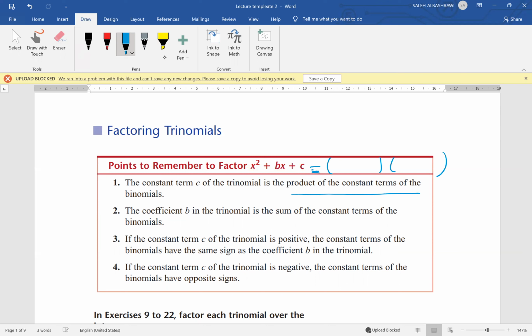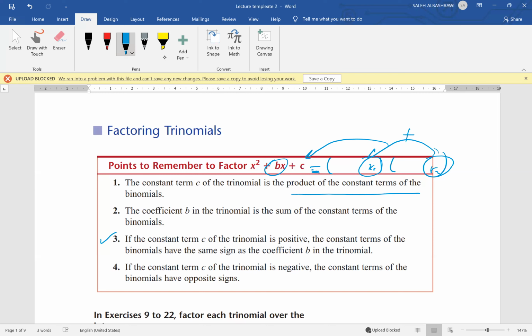So we need two binomials where the constants, if we multiply them, give the constant c. I can call them k1 and k2. Their product will give me the constant c, and their sum, if I add these two, will give me the coefficient b.